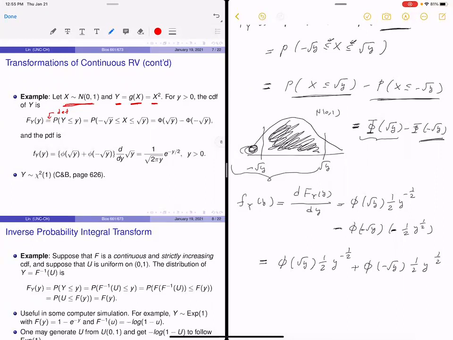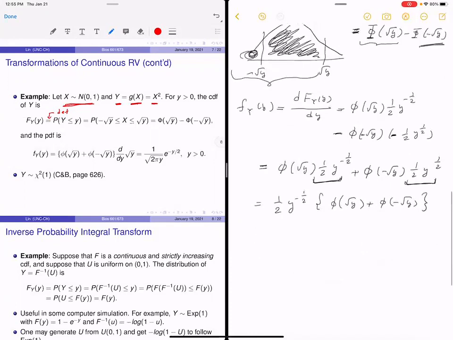The answer is yes. How? The first way is I pull out the common term right here, then I can pull them together, then it becomes this. Okay, that's one way to simplify it.